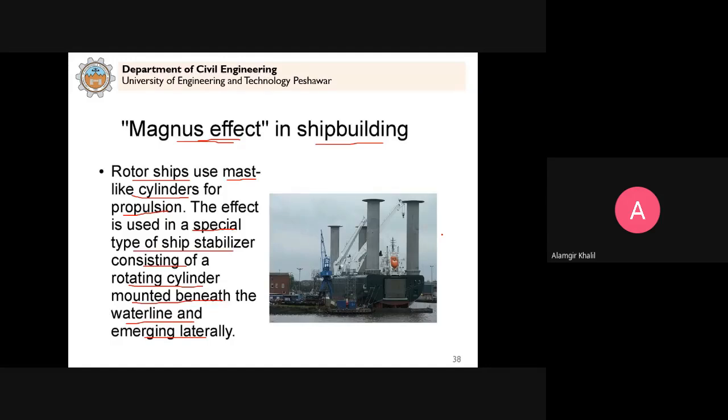But later on, although some transatlantic sails were made with these types of ships, it was found to be uneconomical. So this idea was no longer followed. You can see here, you can have an experiment of this.